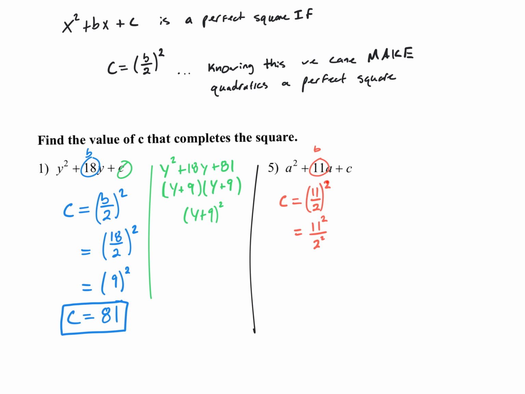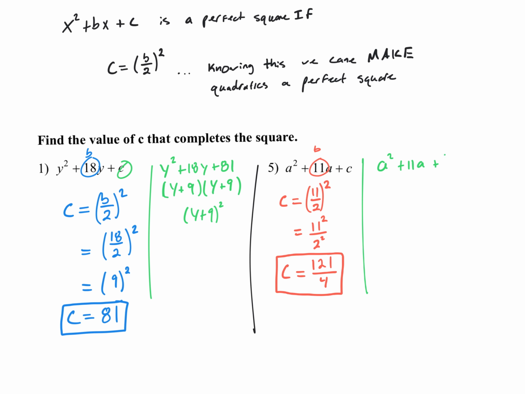If the whole thing is being squared, it's the same thing as the top squared over the bottom squared. And then 11 times 11 is 121. And 2 times 2 is 4. So my c should be 121 over 4.